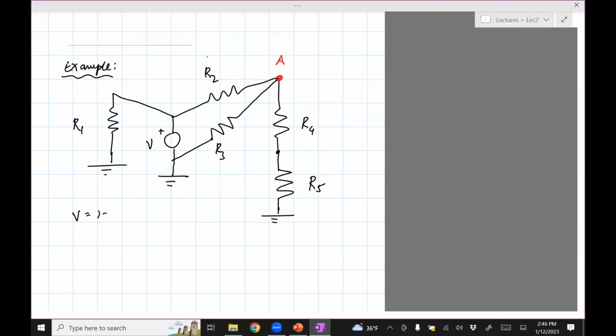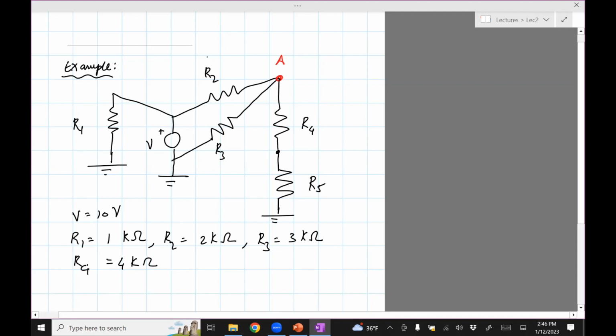The voltage is 10 volts. R1 is 1 kilo ohm. R2 is 2 kilo ohms. R3 is 3 kilo ohms. R4 is 4 kilo ohms. R5 is just 1 kilo ohm.